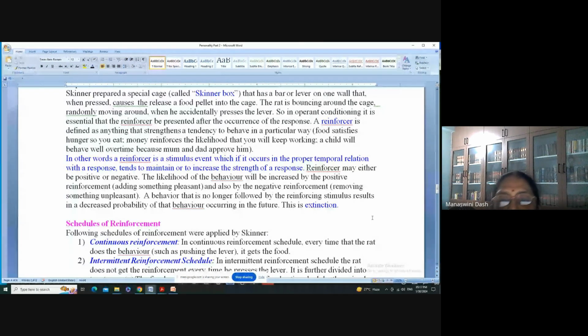Always, reinforcement increases the likelihood of the behavior. Positive reinforcement is when something is given to strengthen the behavior. Here food is given to strengthen the lever pressing behavior of the rat. So food here is a positive reinforcement.